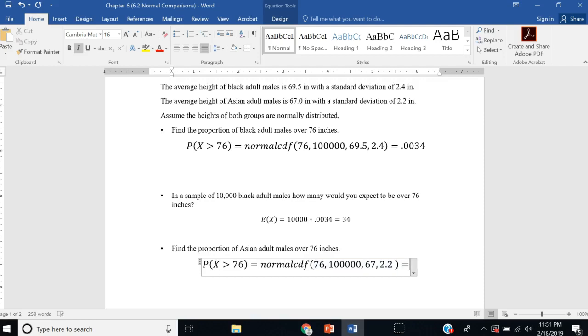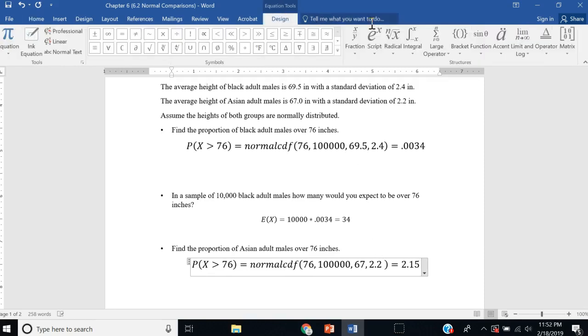If we type that in, and I have not typed this in yet, so I'm typing it in right now, what we end up with is an extremely small number. We get a scientific notation number, 2.15 times 10 to the negative fifth.